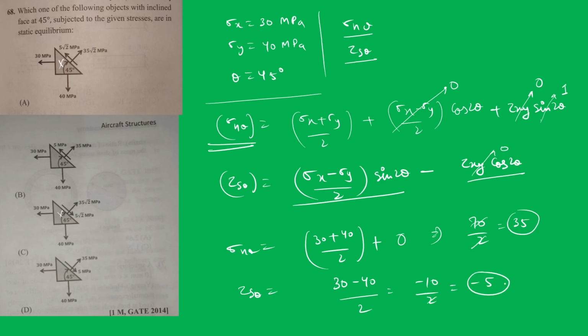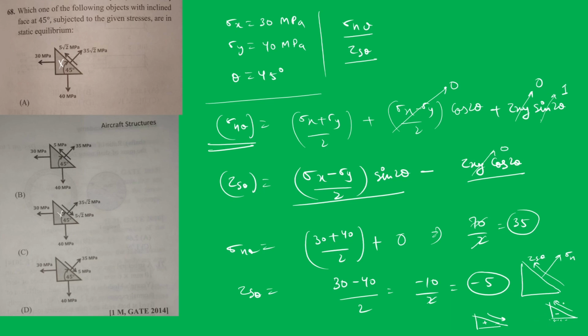Our sign convention was that if it is minus, then tau s theta will be in the upward direction, and if it is plus, then tau s theta will be in the downward direction.